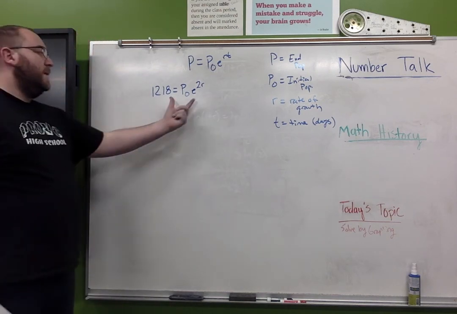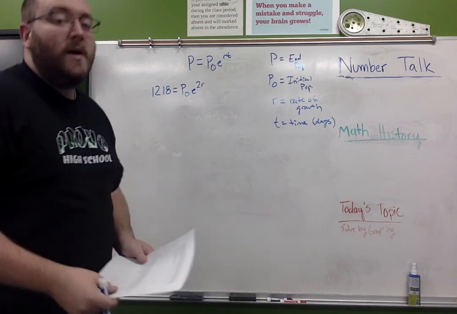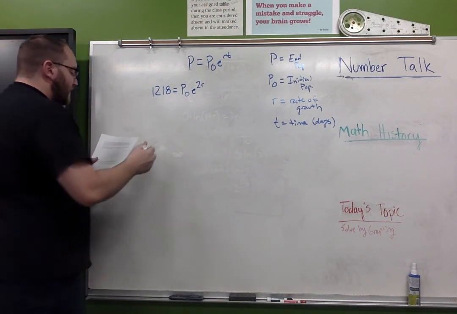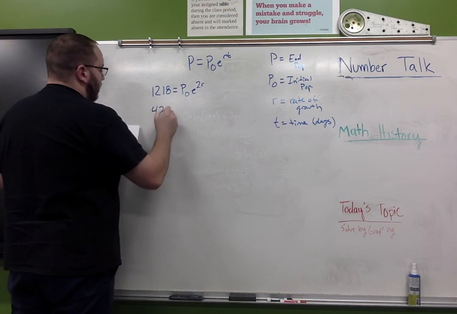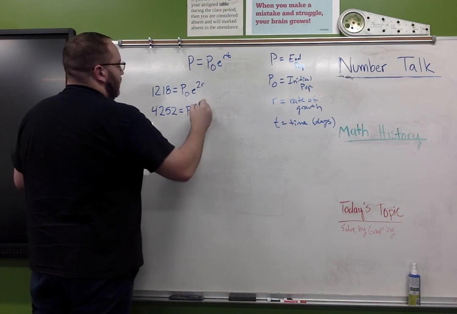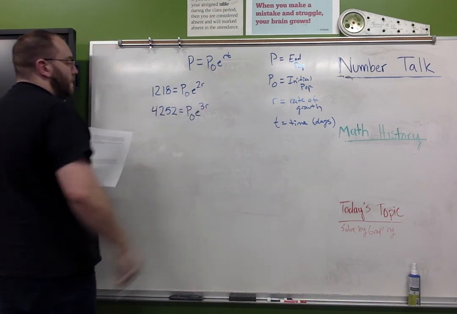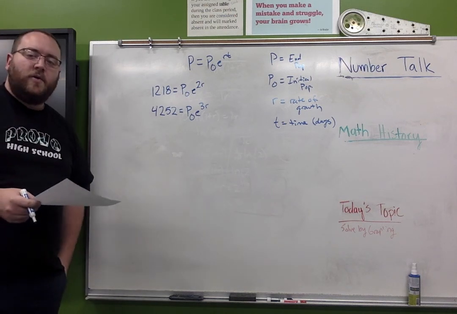Now we can't solve this because we have two variables. But we do have some more information. It says after 3 days, there's 4,252. So 4,252 flies is equal to P naught times e to the 3r. T is 3. We now have a system of equations.